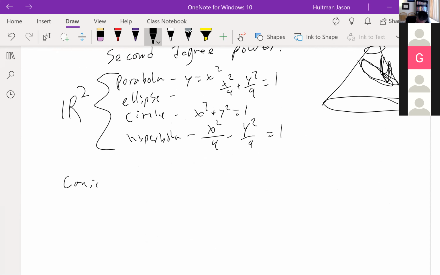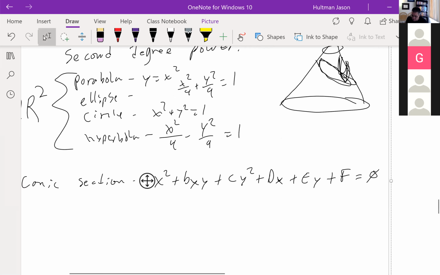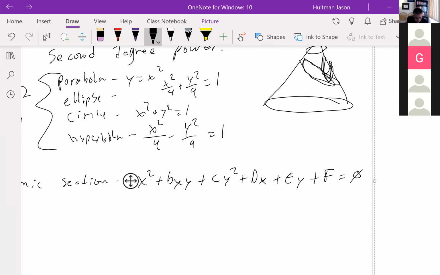For a conic section, the general equation looked like this: Ax squared plus bxy plus cy squared plus dx plus ey plus f is equal to 0. We could have all of those different combinations, and that's a conic section.